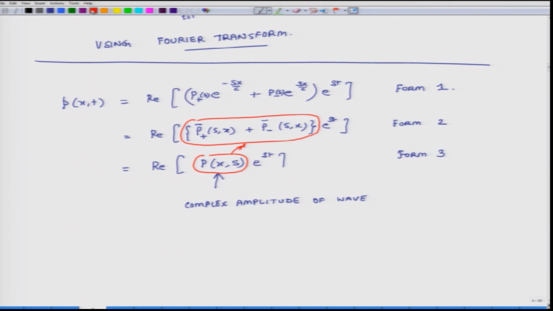This thing is the complex amplitude of the reflected wave, and this one is the complex amplitude of the forward travelling wave.